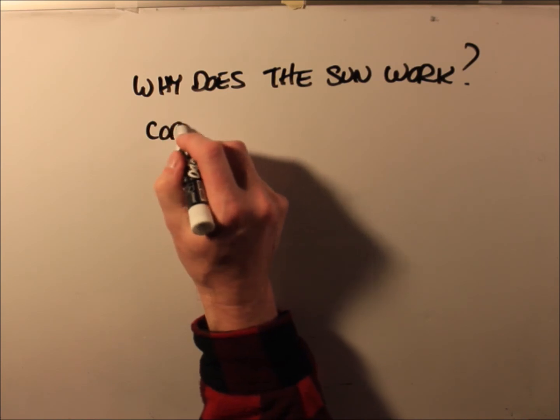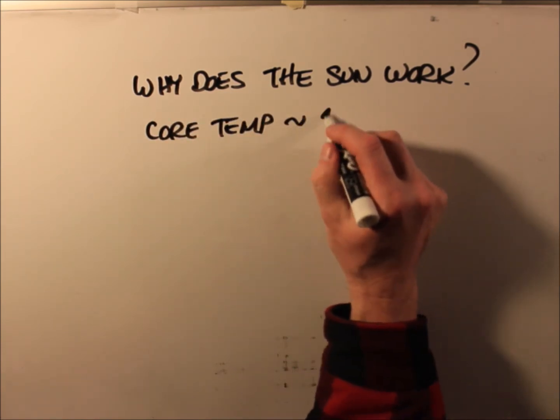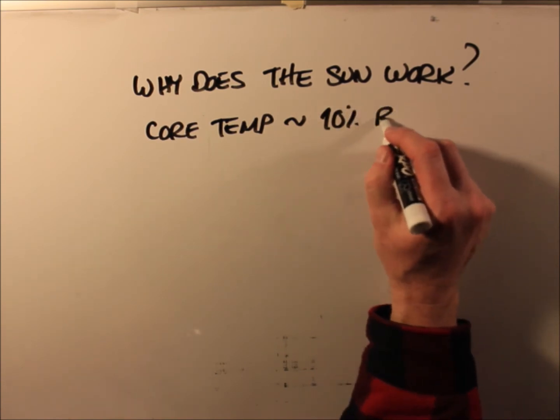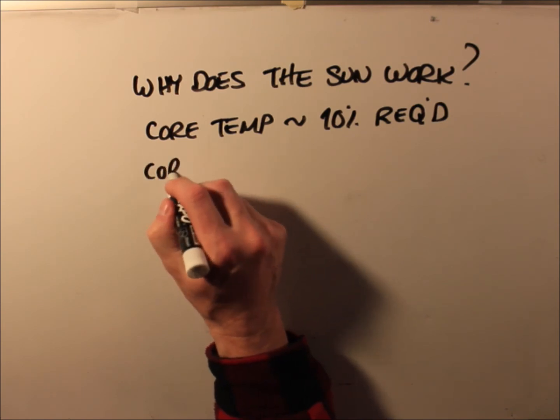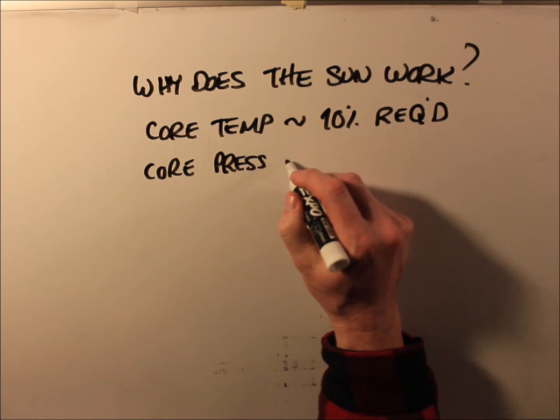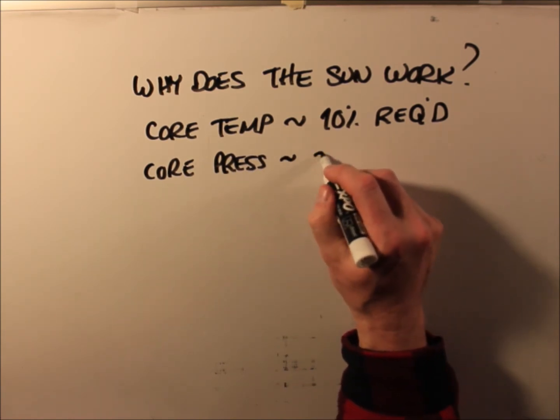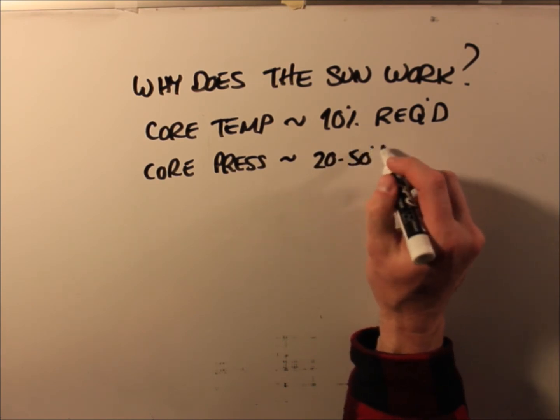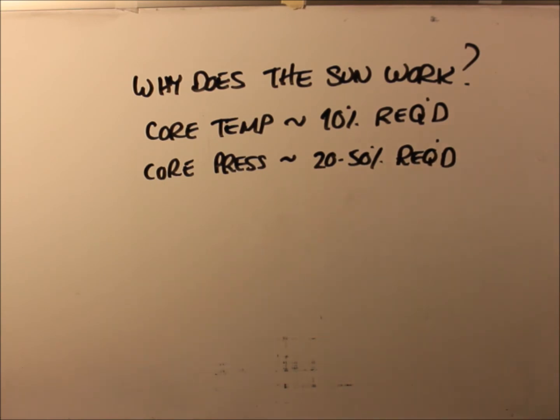So the core temperature is roughly 10% of the required value. And the core pressure is, depending on who you talk to, somewhere between 20 to 50% of the required value. And so then let's look and see what each of these parameters do.